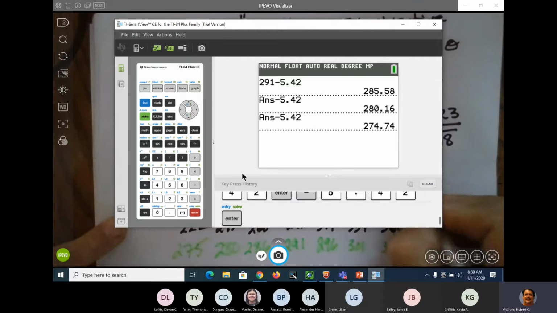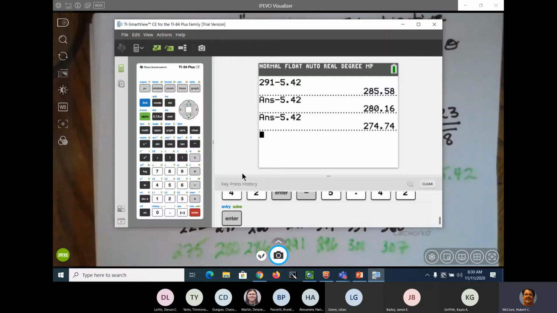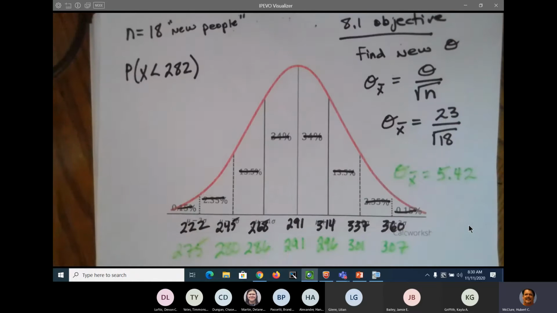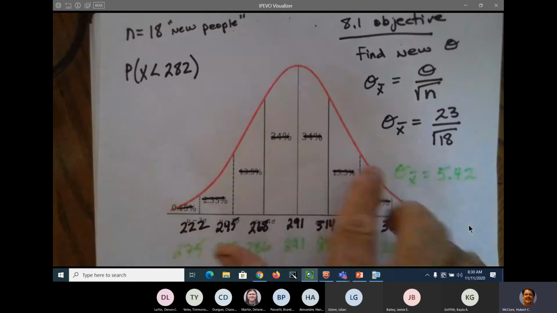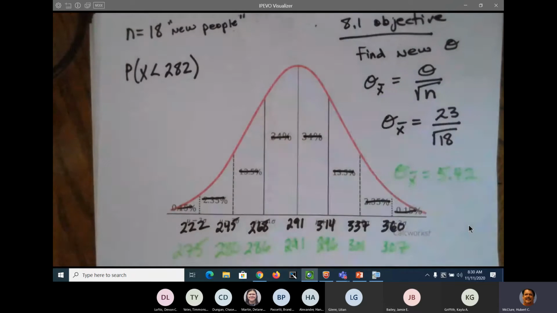Now, the standard deviation is 5.42. So now you have a new graph. Now you have a spread of 5.42 instead of 23. And now they're saying, what's less than 282? Well, your 282 now has moved.